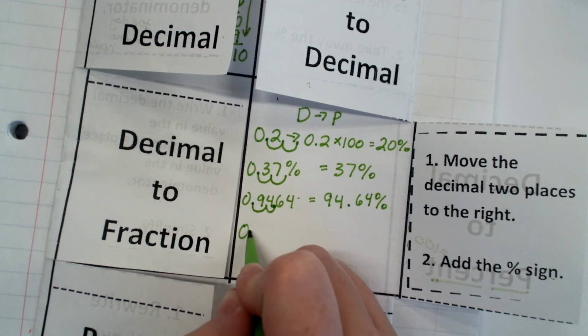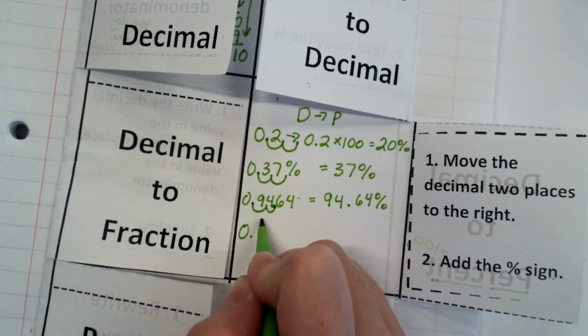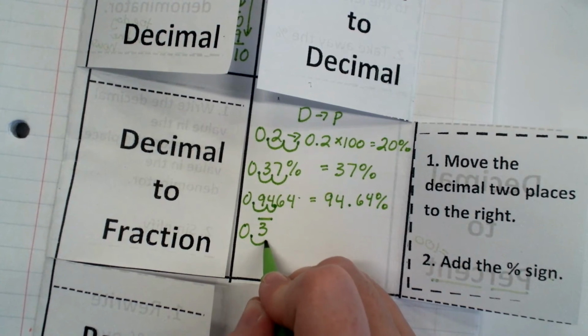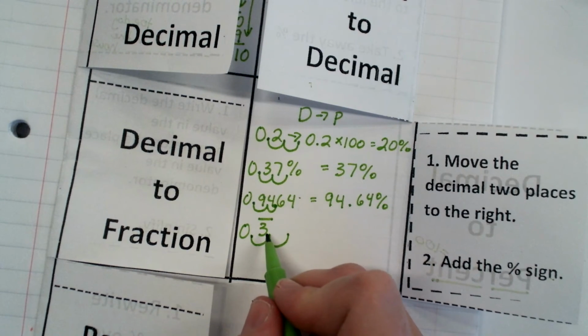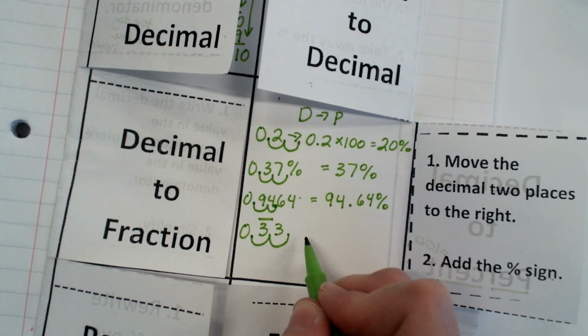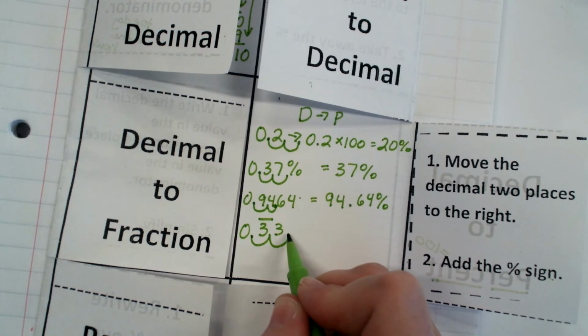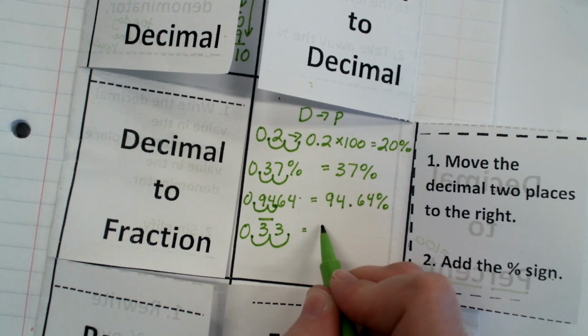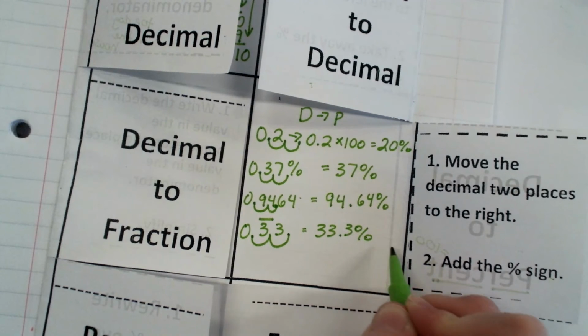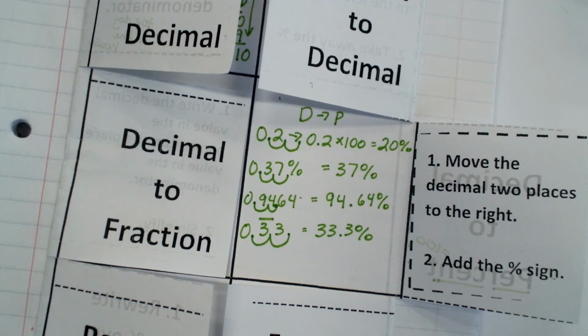Let's say I have 0.3 repeating. So when I move my decimal 2 places to the right, if that's a repeating decimal, a 3 is going to go here, not a 0. So the way I would actually write that would be 33.3% because I want to show that that's repeating.